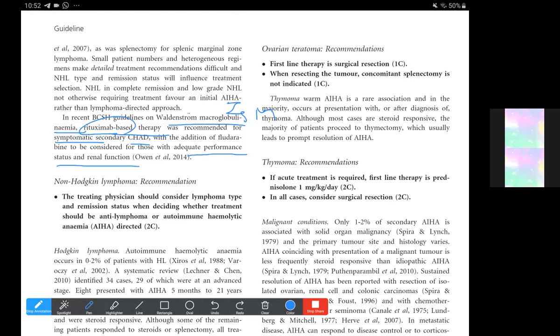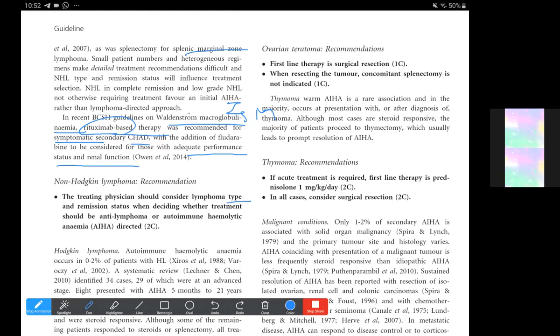So the recommendation regarding non-Hodgkin's lymphoma is that the treating physician should consider the lymphoma type. We have discussed these 4 types: the angioimmunoblastic T-cell lymphoma, then the B-cell NHLs, then the splenic marginal zone lymphoma, and also the Waldenstrom macroglobulinemia.